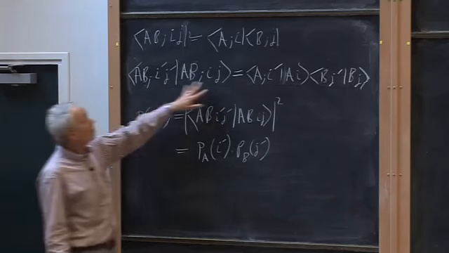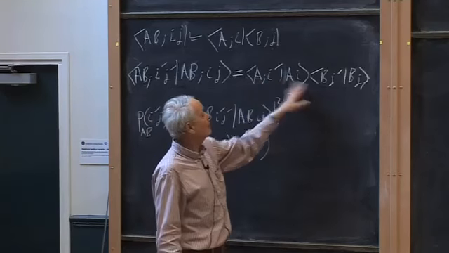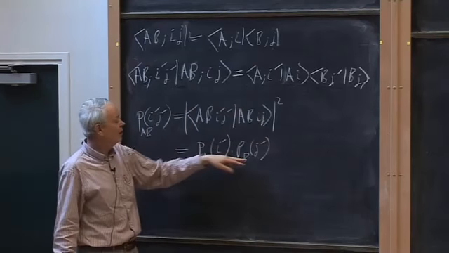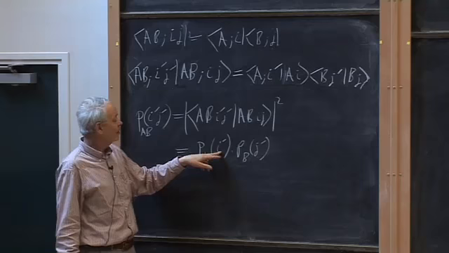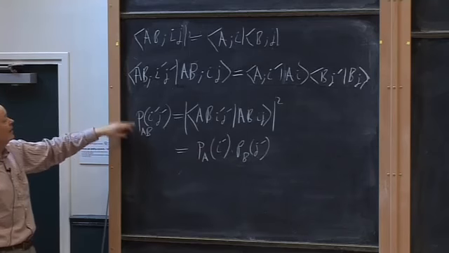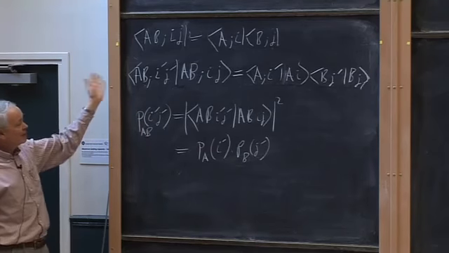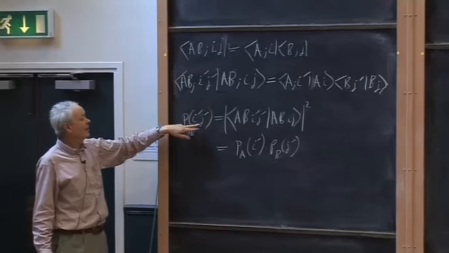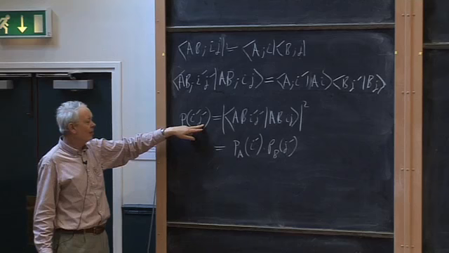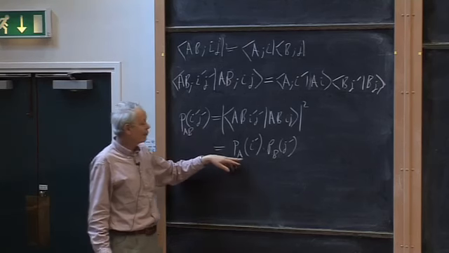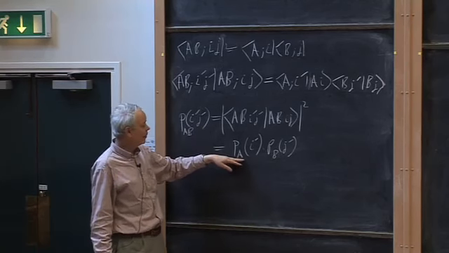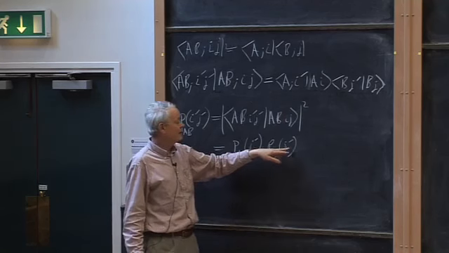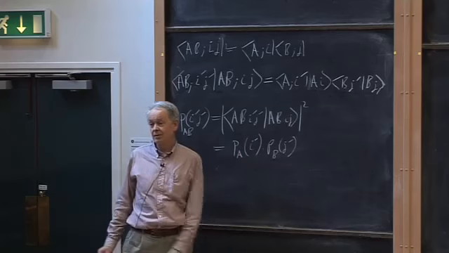Because if I take the mod square of both sides, the mod square of this product is the product of the mod squares. The mod squares on this side, by definition, are these probabilities. So the probability that if I take measurements on my combined system, I find that A is in the I prime state and B is in the J prime state, is simply the product of the probabilities that the A system is in the I prime state and the B system is in the J prime state if you make individual measurements.